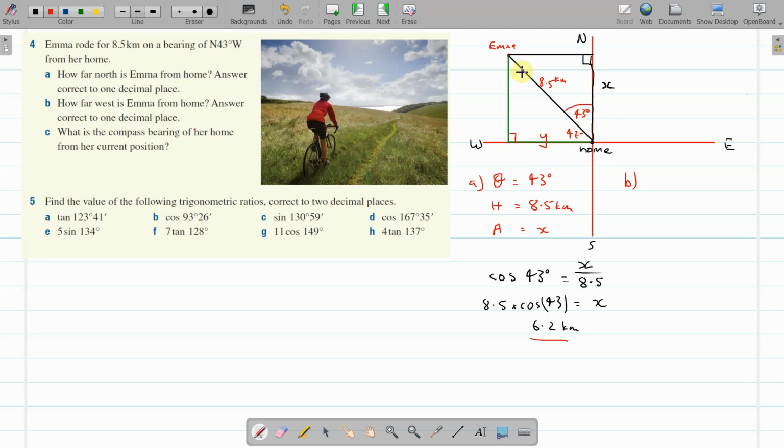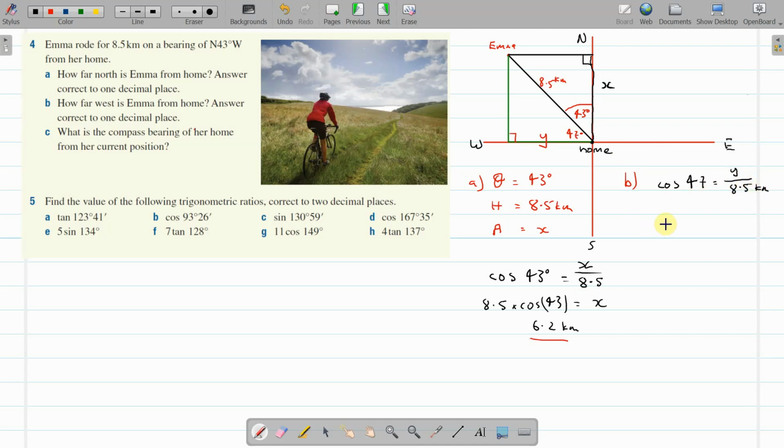So we've got an angle, we've got a hypotenuse still, and we've got again the adjacent. So it's again cos. This time it's the cos of 47 equals adjacent, which is y, over our 8.5.